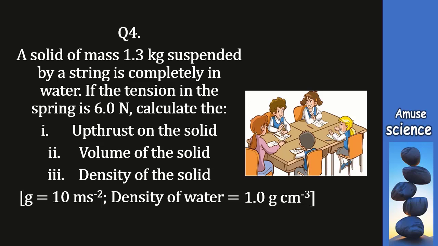So an object is being suspended by a spring, and later it's immersed completely in water. When it is completely immersed in water, the tension in the spring, or the reading of the spring, is 6.0 newtons, which means that while it was in air, the reading must be more than that. So let us continue to solve the question.